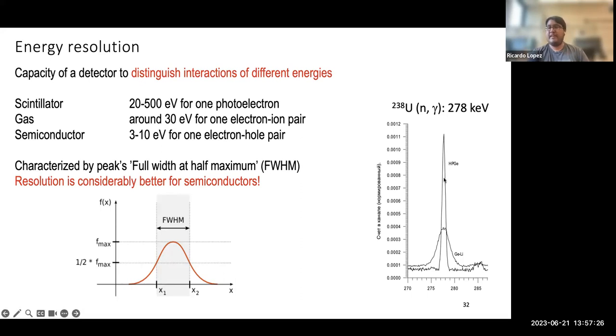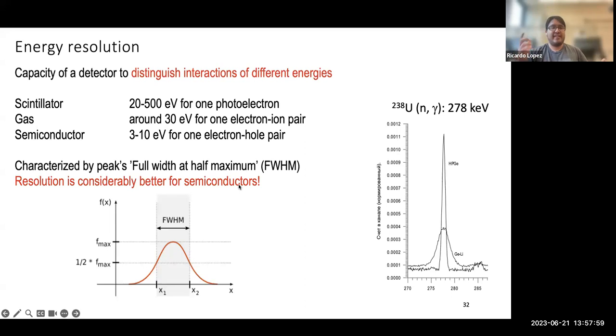And that's why this peak is much more well contained within its particular bin, if you will. And because semiconductors need so few electron volts per electron pair, even a small energy deposition event could end up generating a lot of these electron hole pairs, which means you're able to get a lot better statistics and end up having these thinner peaks, which is why resolution is considerably better for semiconductors.